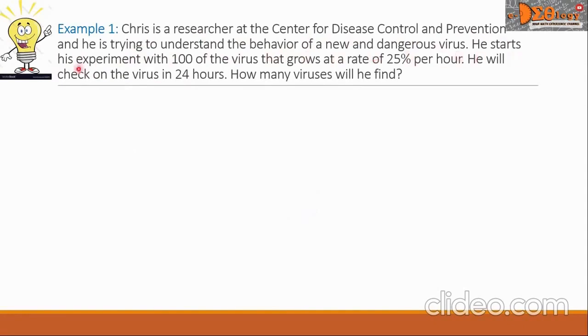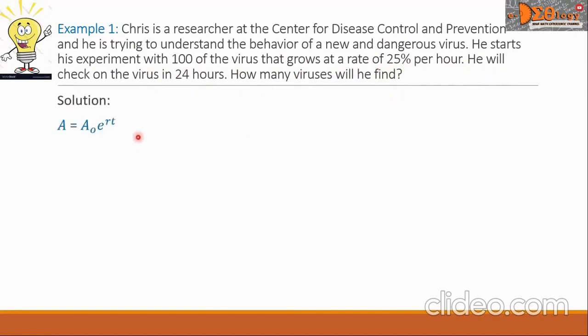He starts his experiment with 100 of the virus that grows at a rate of 25% per hour. He will check on the virus in 24 hours. How many viruses will he find?